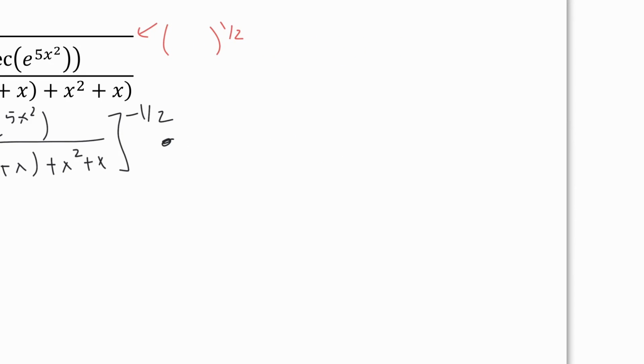So if we write low d high, we're going to have cotan e to the x plus x squared plus x. That's our low. D high.